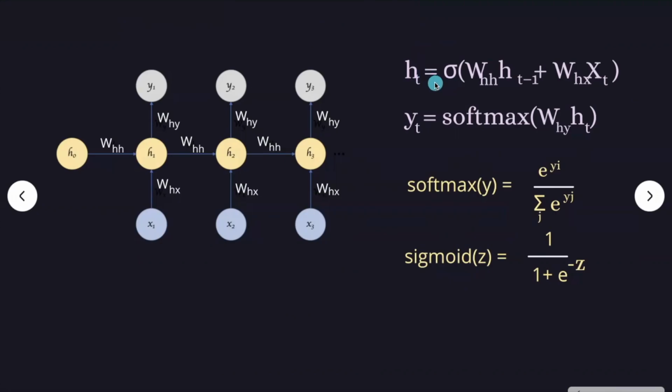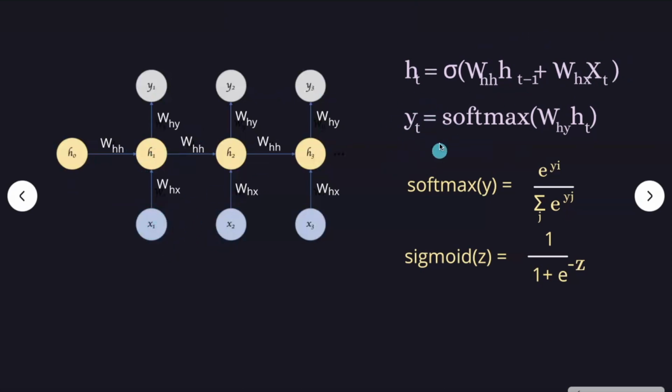The hidden state at timestamp t is calculated as sigmoid of WHH, this weight, multiplied by ht minus 1, which is the previous state, plus WHX, the weight between the hidden layer and input, multiplied by xt, which is the current input.